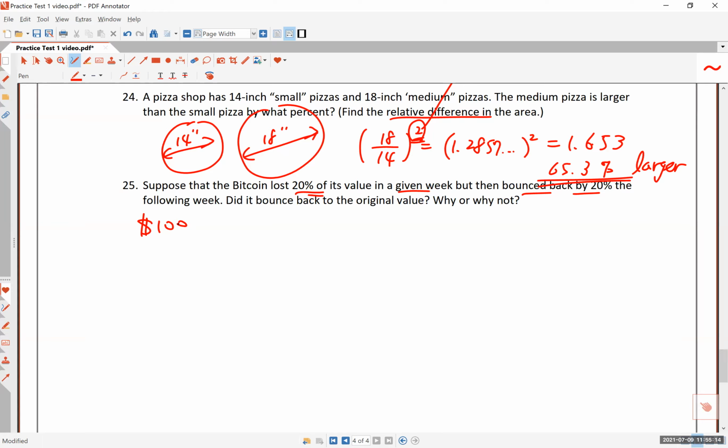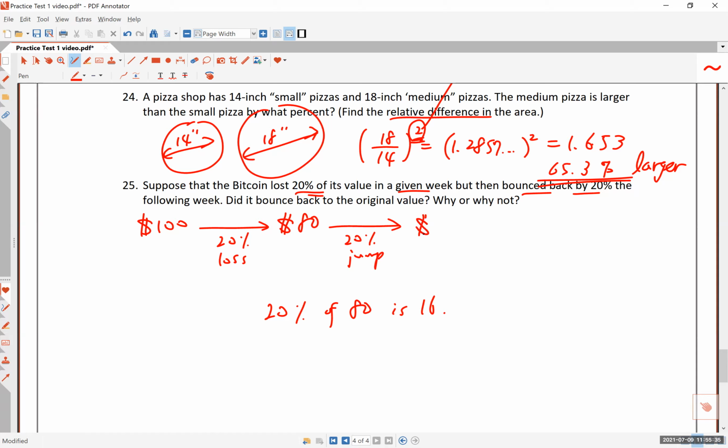But let's say you start with $100, 20% loss is going to make this $80, okay? And then bounced back by 20% jump upward. But what is 20% of $80? Well, that's 16. So you add $16 to $80, and the answer comes out to be 96.